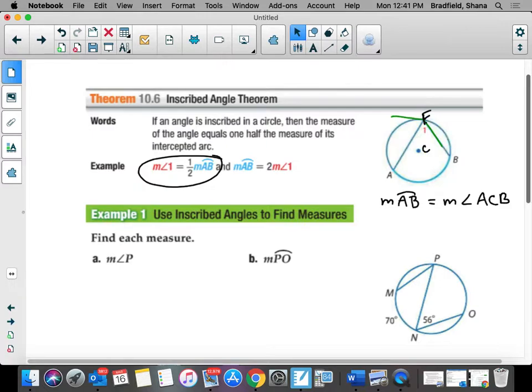Hopefully you can see that when I move the green angle, which was the central angle, I didn't change the size of it, but it is much larger than the inscribed angle, angle 1 there. In fact, it's double the size.